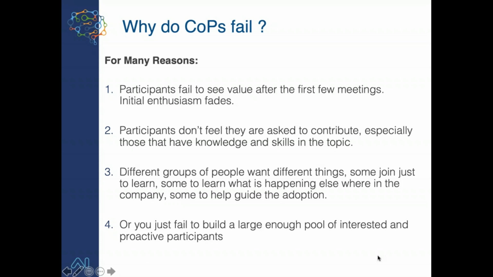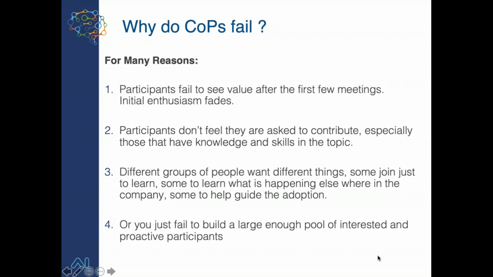And they may not feel that engaged or motivated or empowered to engage because they feel that they're a novice and they just want to learn. Others will just want to see what's happening in other parts of the organization, so they're inquisitive, because a lot of firms work in silos. Being able to see what's happening elsewhere is really important.